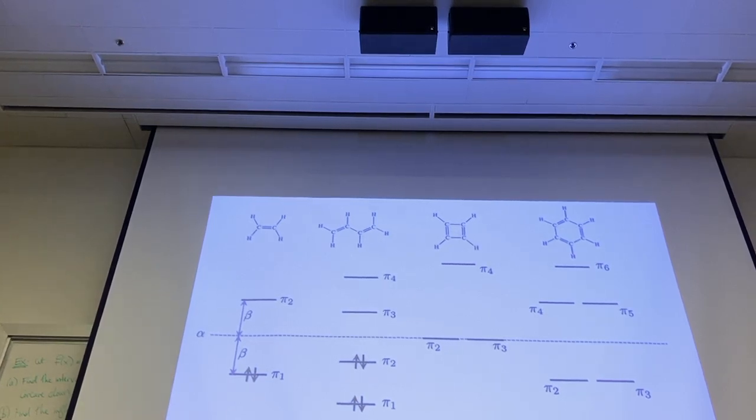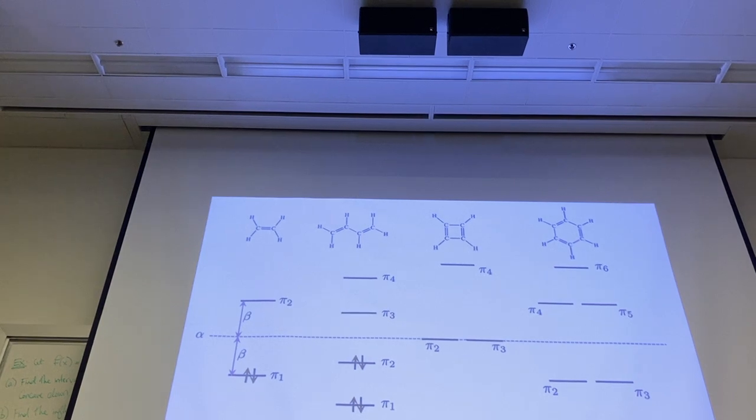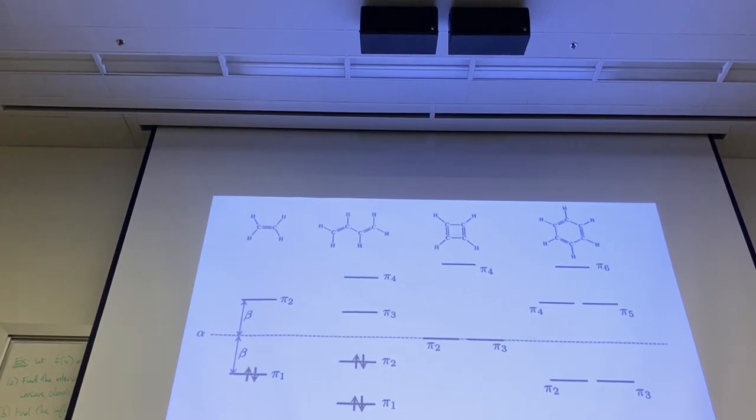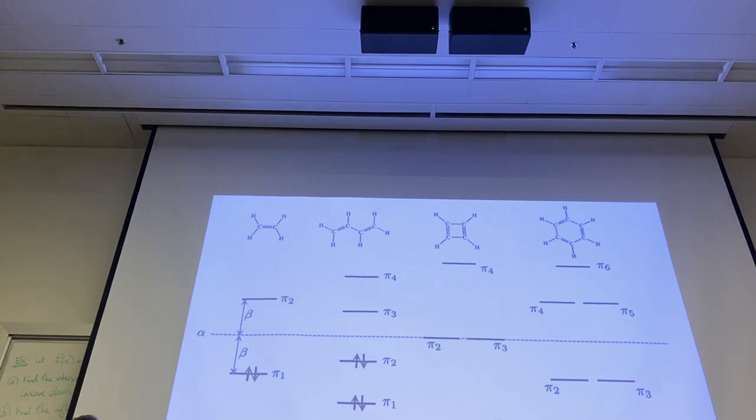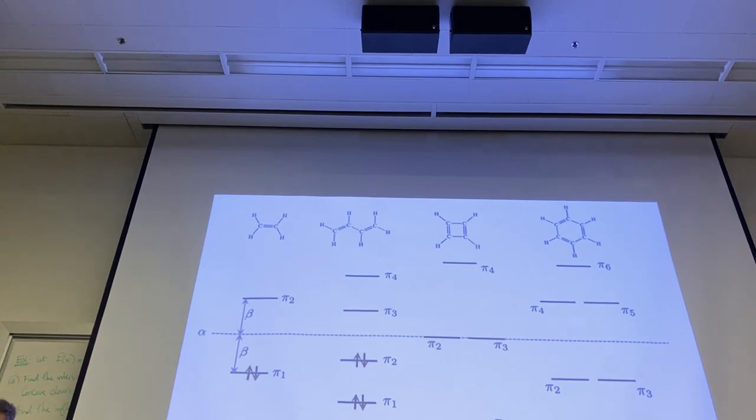And so maybe what I would expect intuitively is just twice this amount of energy, because I have 2 times the amount of electrons in my system. Here I have 2, there I have 4. So if I multiply this by 2, I get 4 alpha plus 4 beta. But here I'm getting 4 alpha plus 4.48 beta. So the difference is 0.48 beta energy that this molecule has and that one doesn't have.